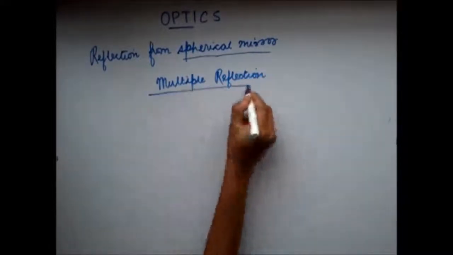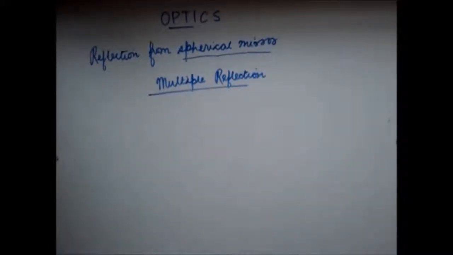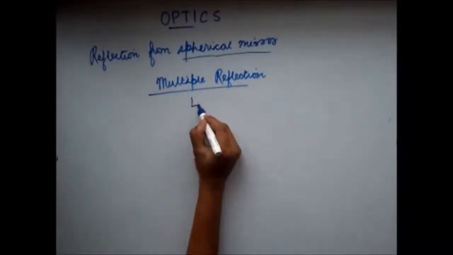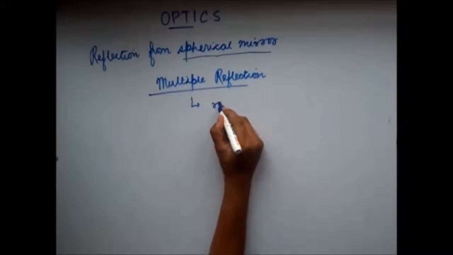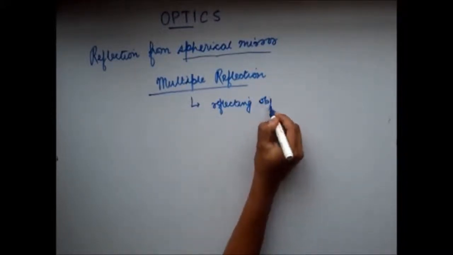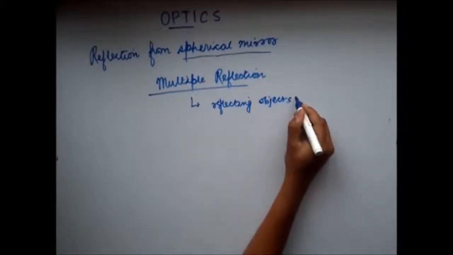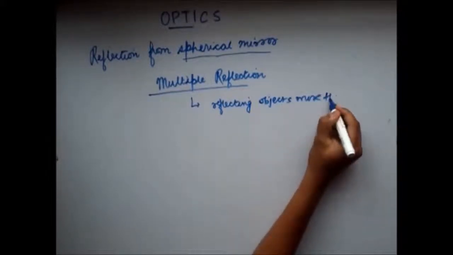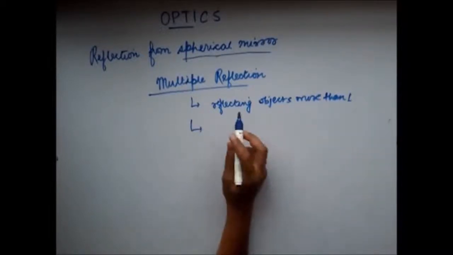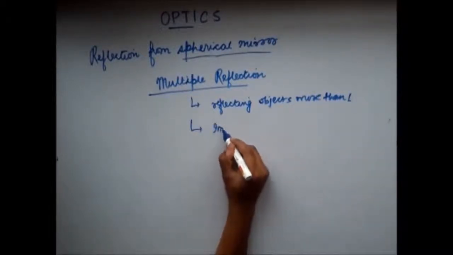The last example we saw was an example of multiple reflection. Multiple reflection means that there are different reflecting objects present, more than one, such that the image of the first reflection becomes the object of the next.